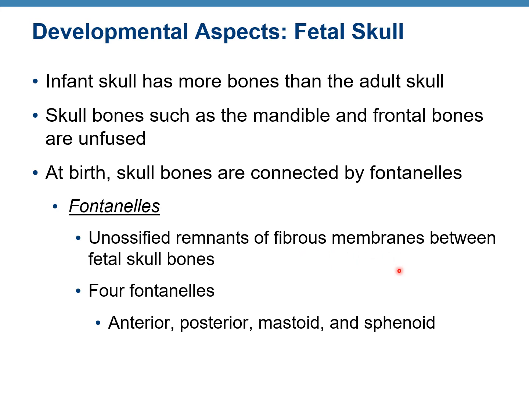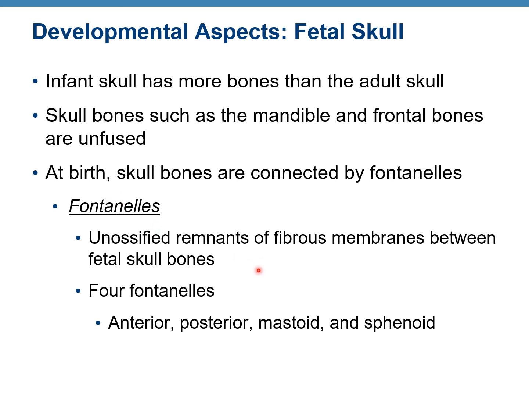And then those mesenchymal cells differentiate into osteoblasts, and they start to secrete bone. So that's how we replace membrane with bone. Part of this membrane is not ossified, and it stays as fontanelles in the embryo and at birth.